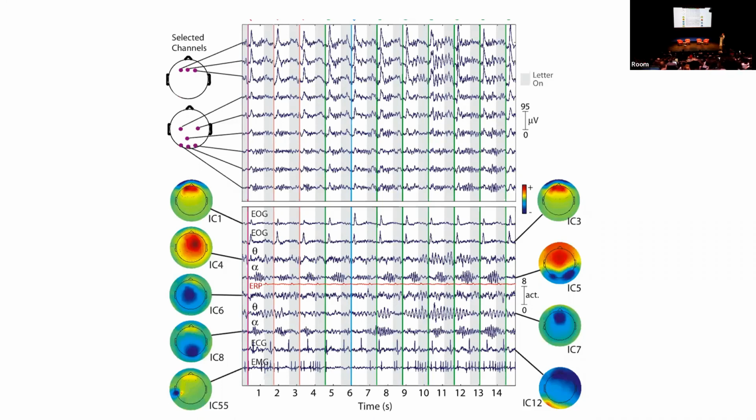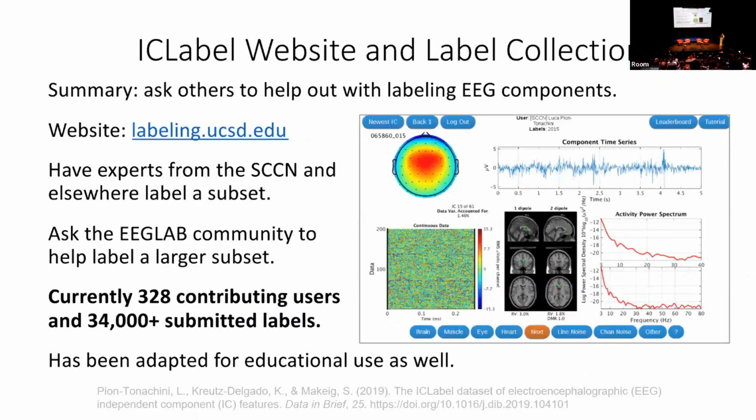So you have two different EOG components, then you have, for example, EMG here, and ECG, which looks very nicely separated here. And then you also have the brain components there.